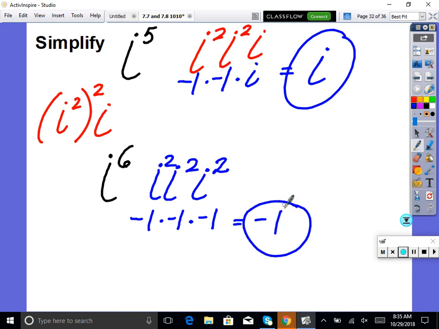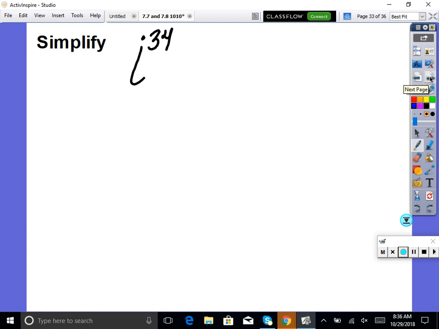There's going to be some bigger powers where we have to think a little bit more creatively. So let's look at someone like this, i to the 34. Now you could get desperate and write out a bunch of i squareds. That's fine. But I'm going to think a little bit more advancedly here. We definitely need it to be i squared raised to some power. Now 34, divide 34 by 2. 17, right?